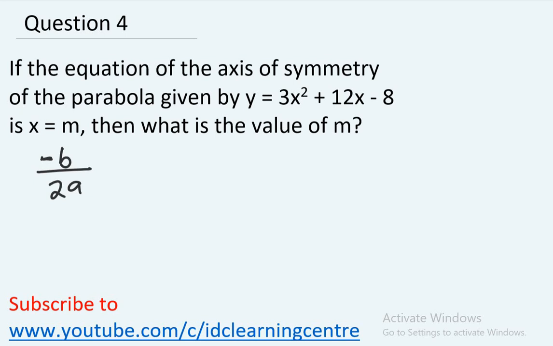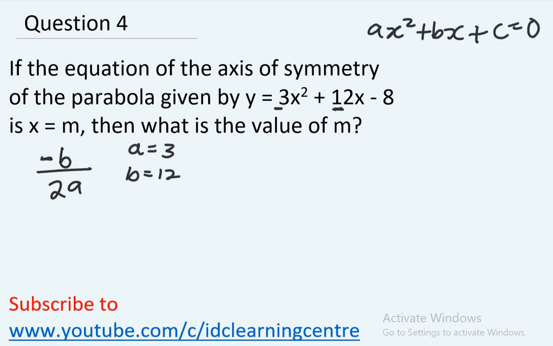So in this equation, a is 3, b is 12, right? So substitute this into the equation. Since b is 12 and for b we have minus b, it will be minus 12 out of 2 times a, we said let it be 3.